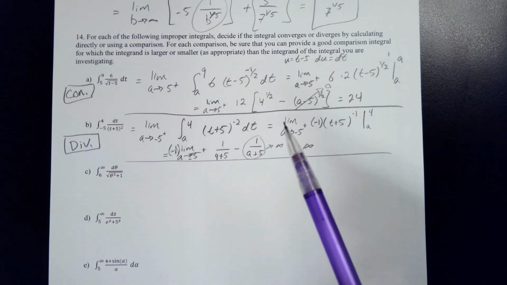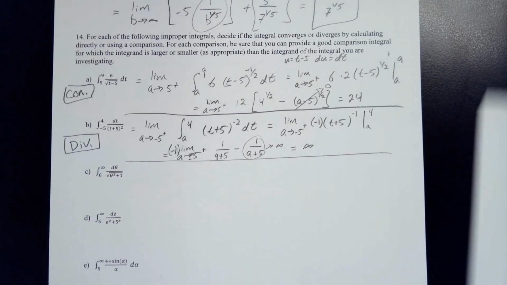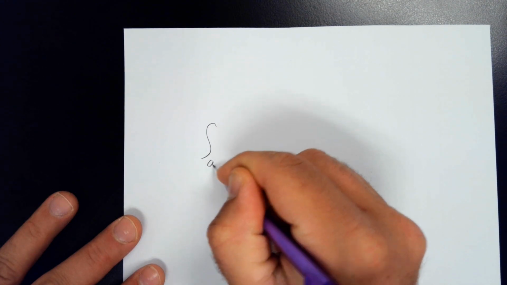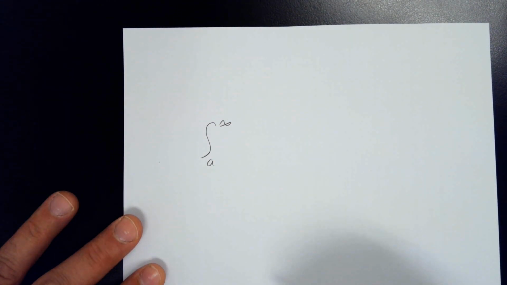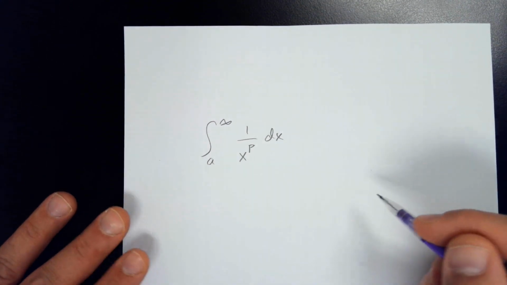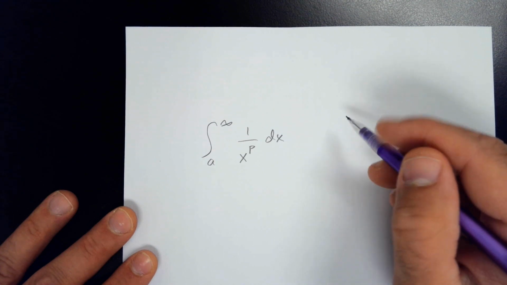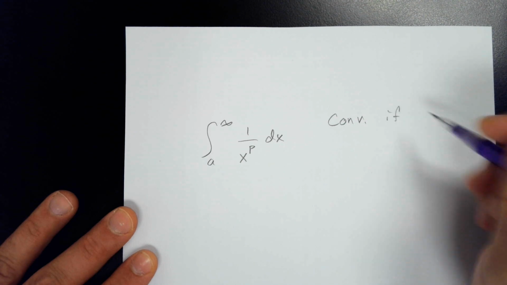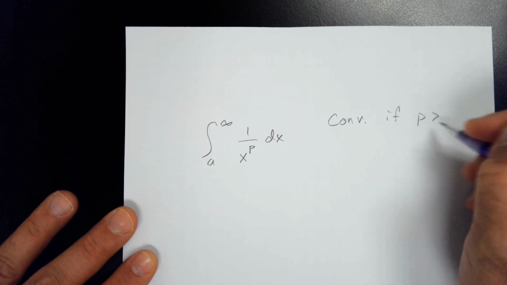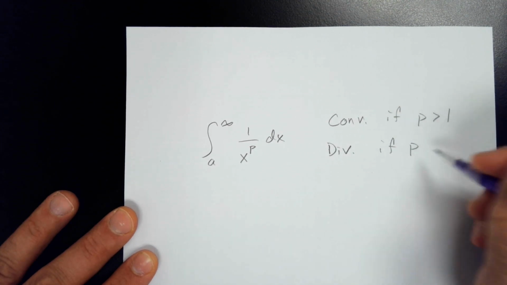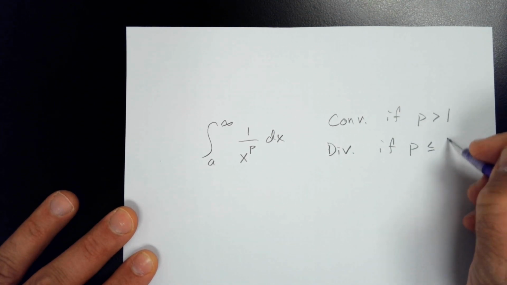One of the things we should be aware of is that if I have the integral from 1 or 5 or any constant to infinity of 1 over x to the p power dx, we learned that this converges if p is any number bigger than 1, and it diverges if p is any number less than or equal to 1.